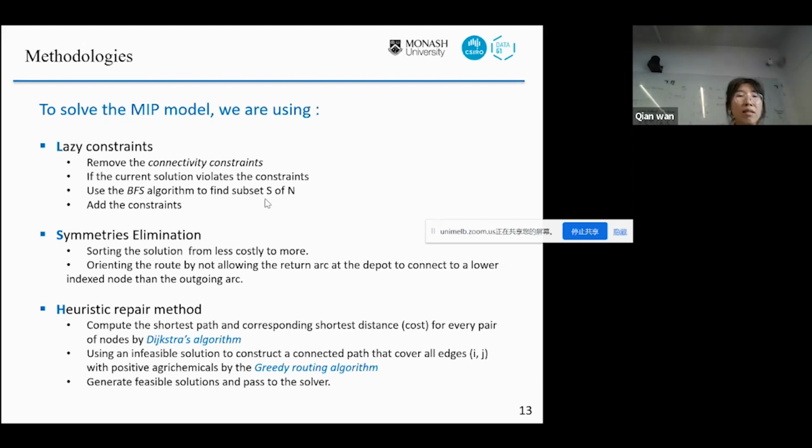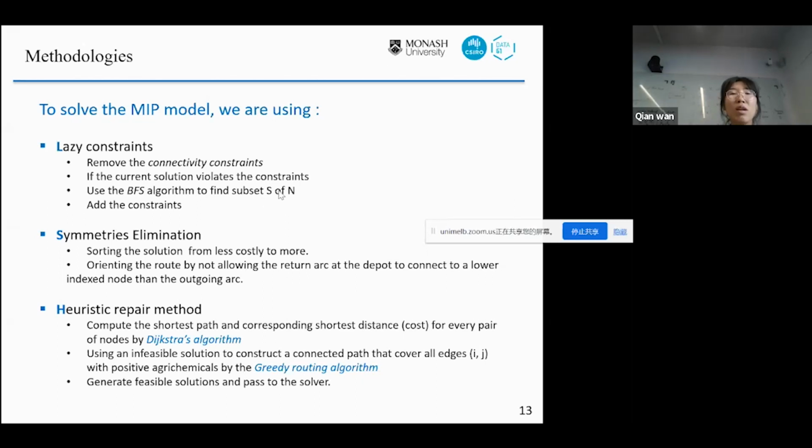And the last but most important one is the heuristic repair method. The main idea of this method is to take an infeasible solution, use it to construct a feasible solution and introduce it to the whole system, and then we get a better upper bound.